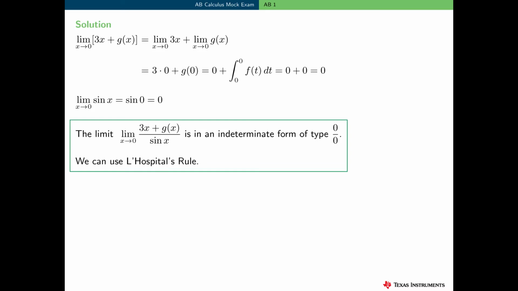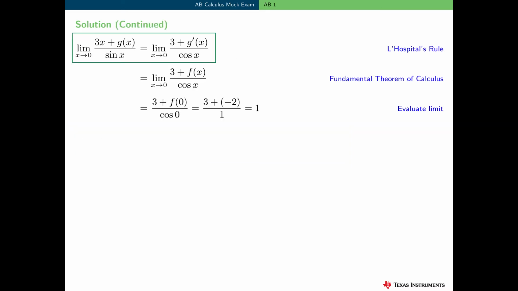Now let's use L'Hopital's Rule. Take the derivative of the numerator and the derivative of the denominator. In the numerator, the derivative of a sum is the sum of the derivatives, and the best I can do at this point is to simply write the derivative of g(x) as g'(x). In the denominator, the derivative of sine x is cosine x.